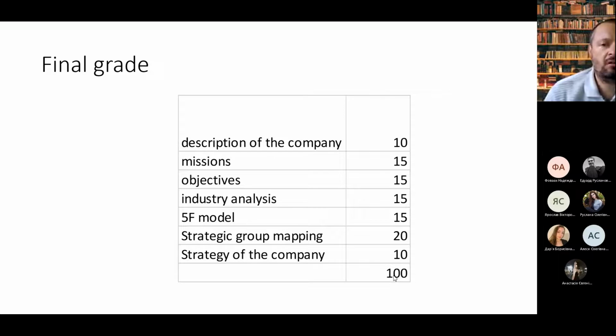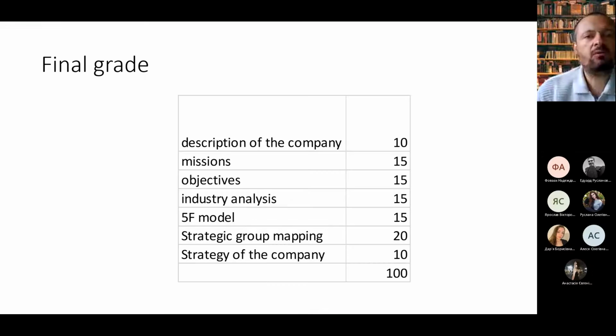I will summarize all the points, and your points will be your final grade after the course.